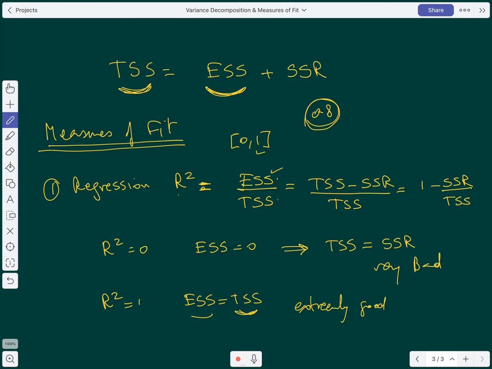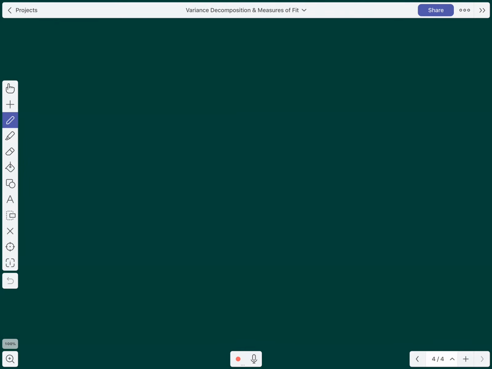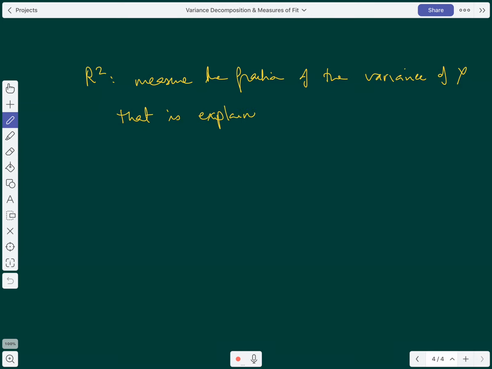So based on these formulas, we can say that R square is used to measure the fraction of the variance of y that is explained by x.